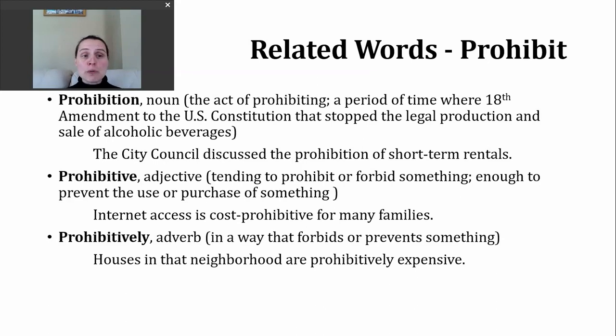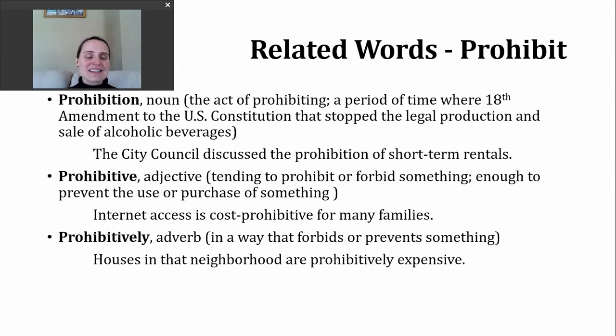Another related word you might hear is prohibitive. This is an adjective. It means tending to prohibit or forbid something. Could also mean enough of something to prevent the use or purchase of something. So one way I hear this word used is in a phrase, cost prohibitive.